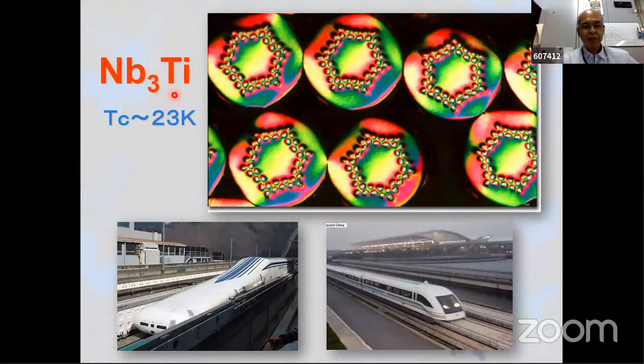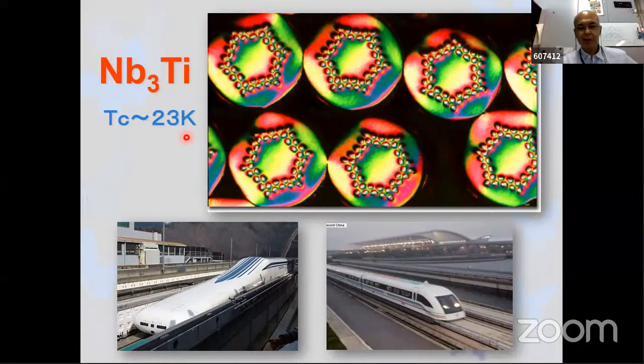So the application of superconductivity, the typical one, is a linear motor car. Niobium-tin, Nb3Sn, is the typical superconducting wire used for this kind of linear motor car. This one is a Japanese system, this one a Chinese system. Both are using this niobium alloy with Tc 23 Kelvin, but they still need liquid helium to cool down this wire below Tc.